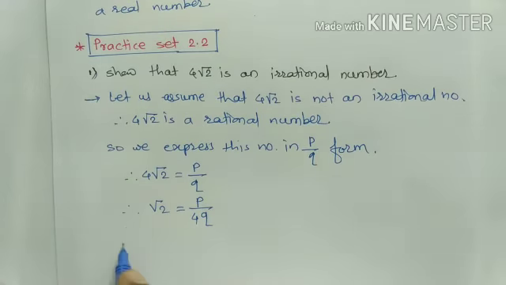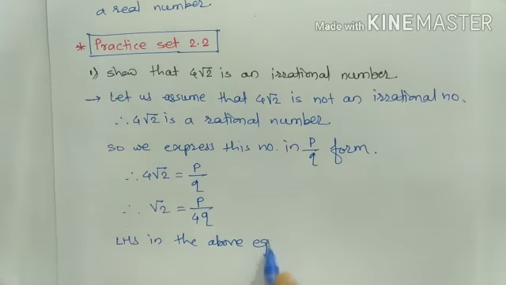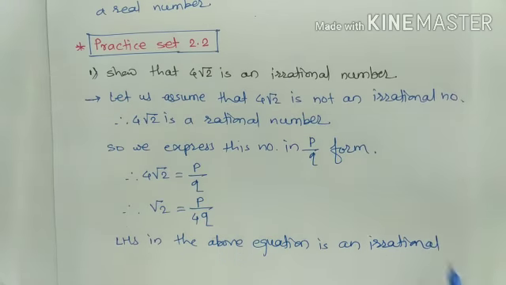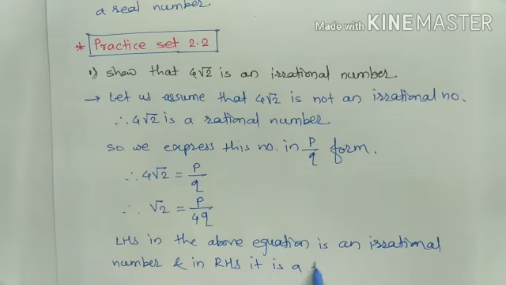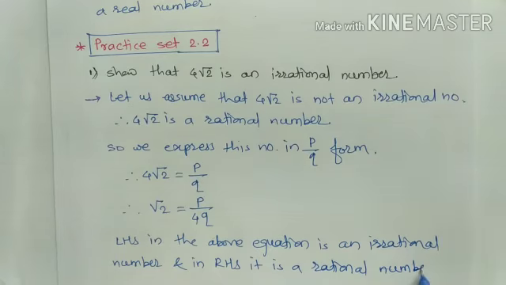आपण इथं लिहूया, here the LHS in the above equation is an irrational number and in RHS it is a rational number.